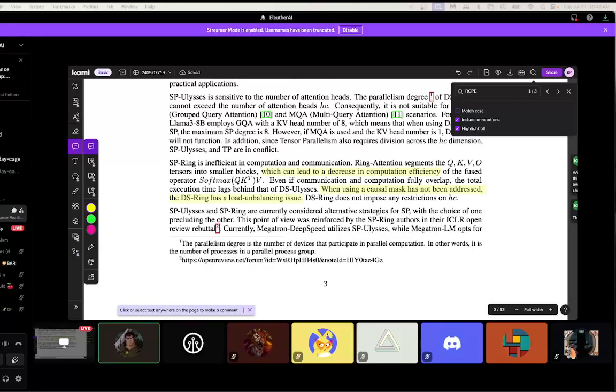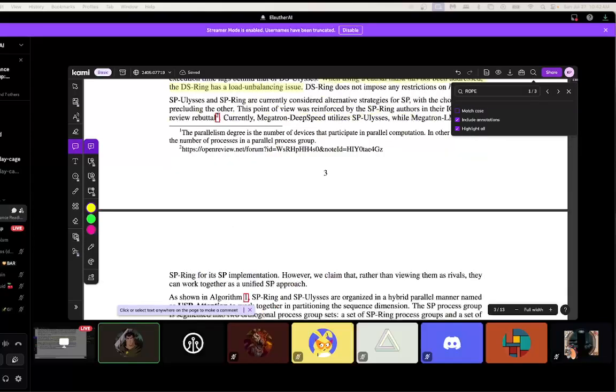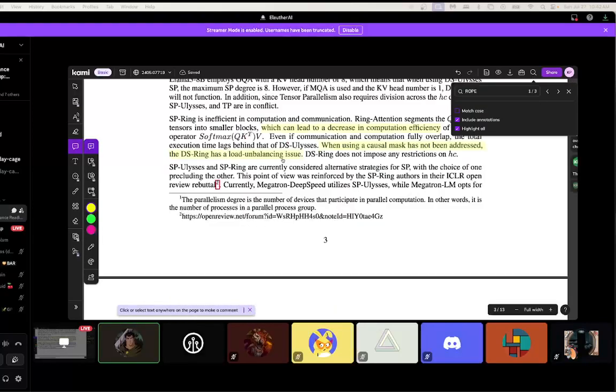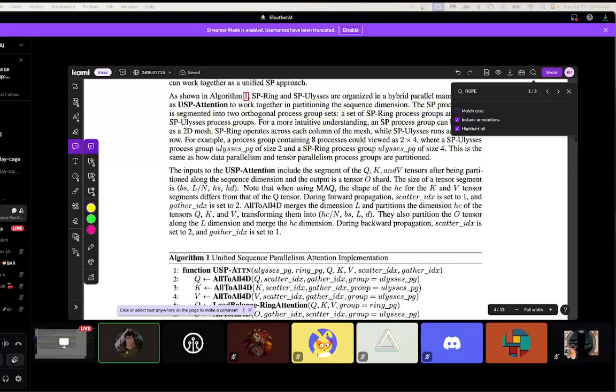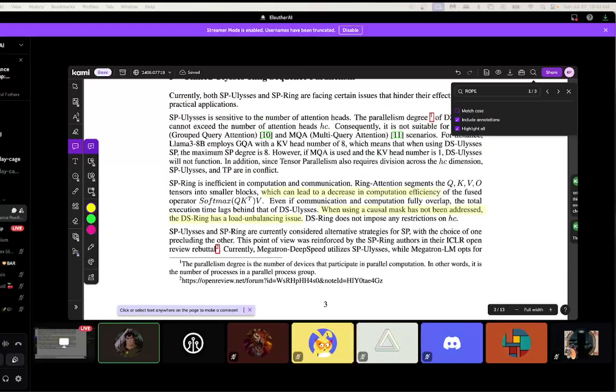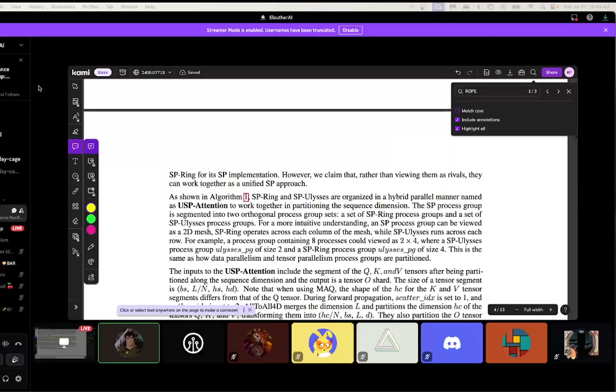Anyways, ring attention has a drawback: you need your computation to be perfectly balanced. When you're using a causal mask, you have a triangular matrix, and you don't get perfect balance if you just divide it as it is. So you have to segment your groups, and that technique is called striping.